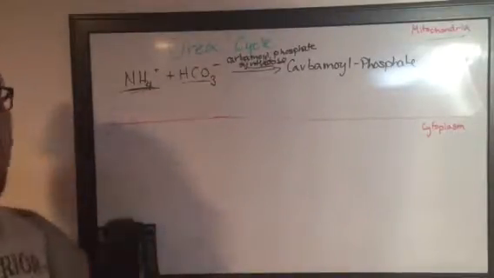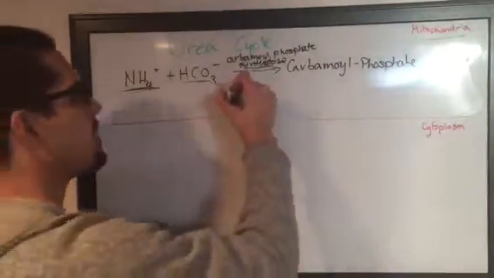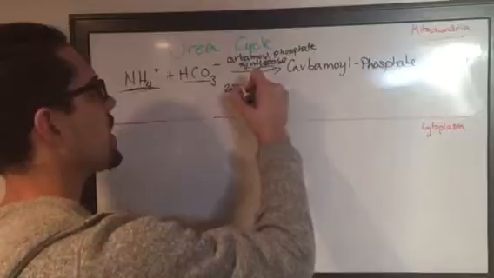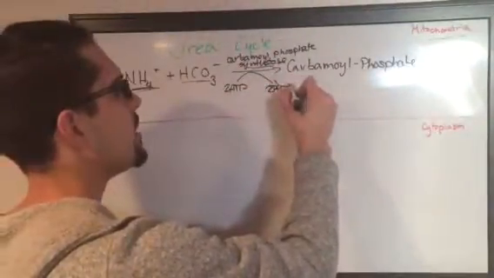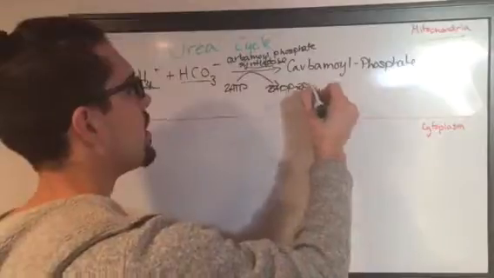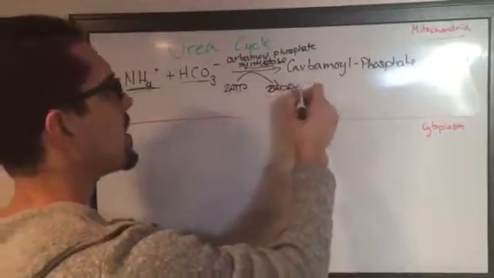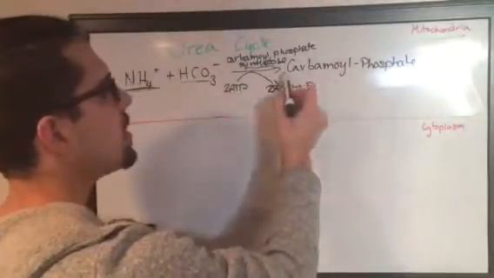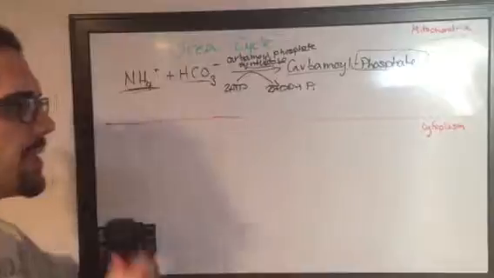In order to activate them into something that the body can use, it requires a decent amount of energy. So what happens here is we're going to have two ATP that are going to be split to form two ADP plus two Pi. Sorry, just one Pi. Why one Pi? Because the second Pi is still attached to that carbamoyl phosphate. That would form this phosphate part right there.